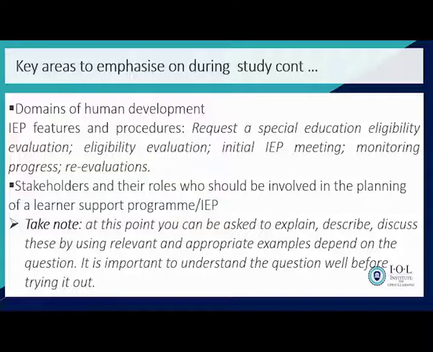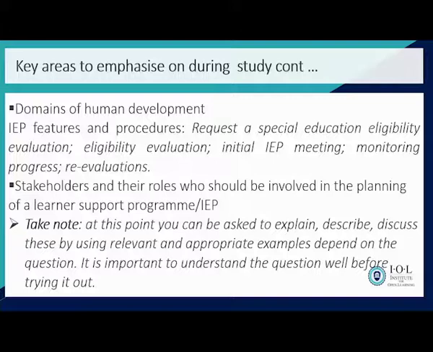Stakeholders and their roles: who should be involved in the planning of the Learner Support Program, the IEP? There are people who are involved, and we call them stakeholders. This is the teacher, parents, and the regional school counselor. These are the people who should be part of this program. Yes, you can do it as a teacher on your own, but they also need to give their input.